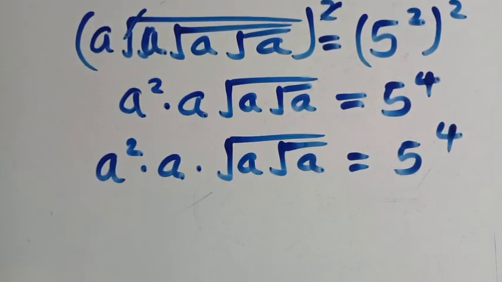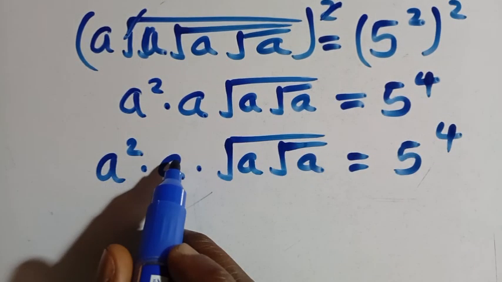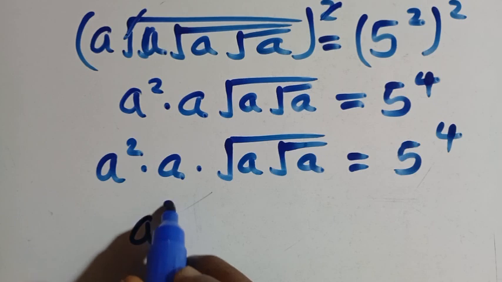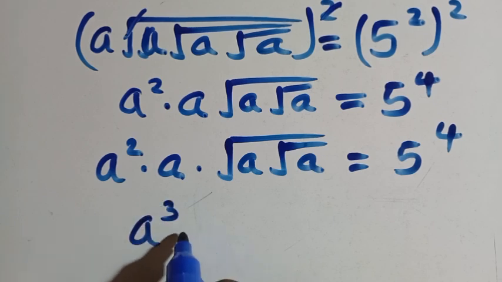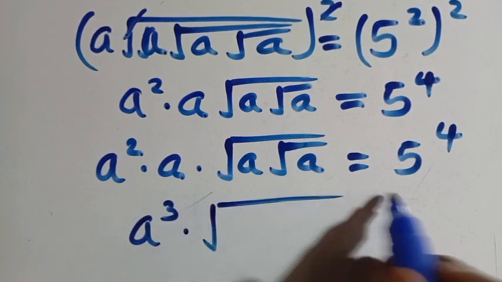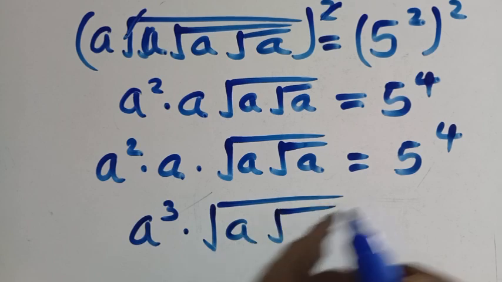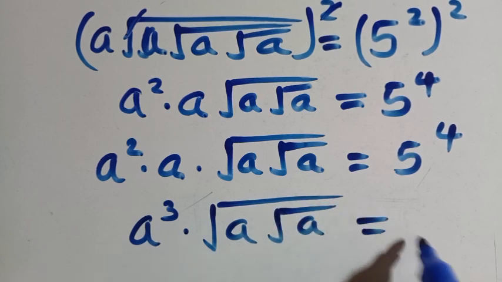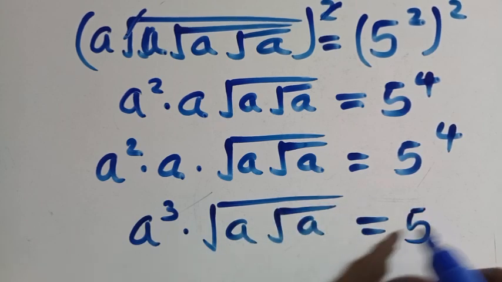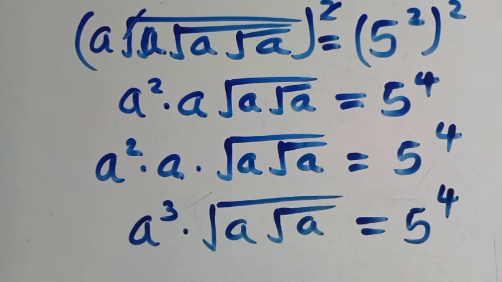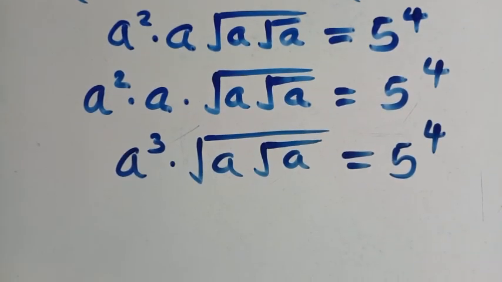And from here, a raised to the power 2 multiplied by a, that is a raised to the power 3, then multiplied by the square root of a inside the square root of a equals 5 raised to the power of 4. And in the next step, we have to take another square of both sides.